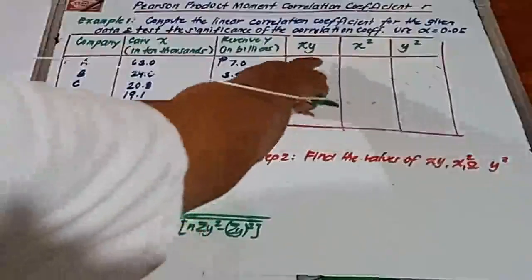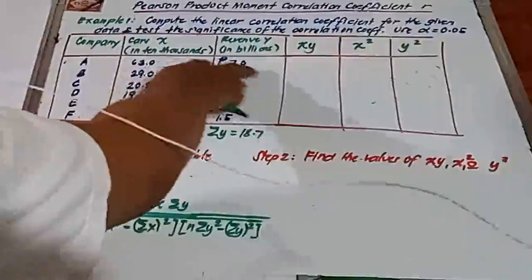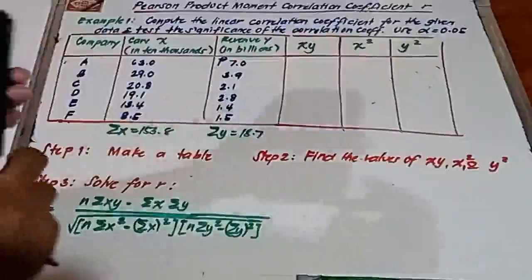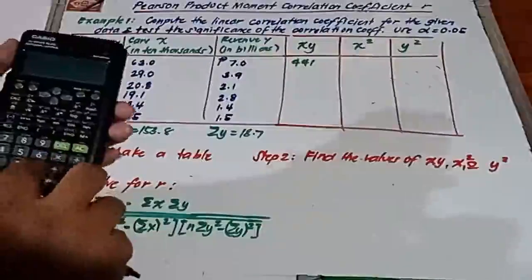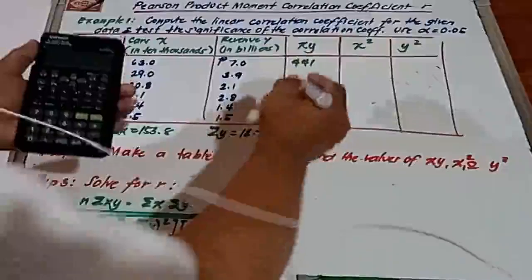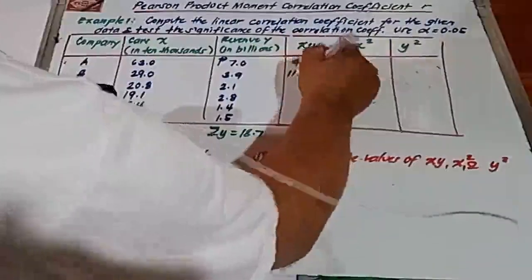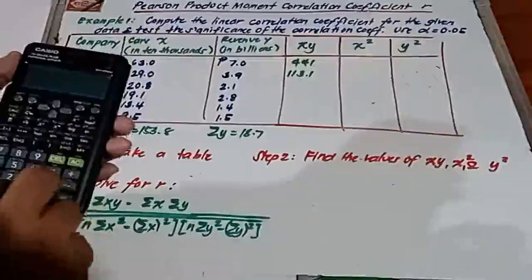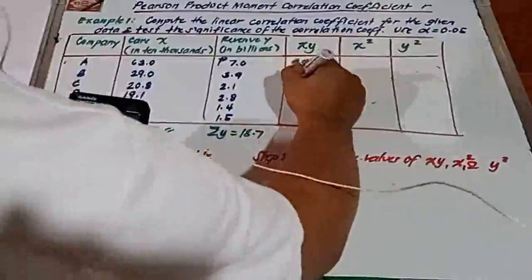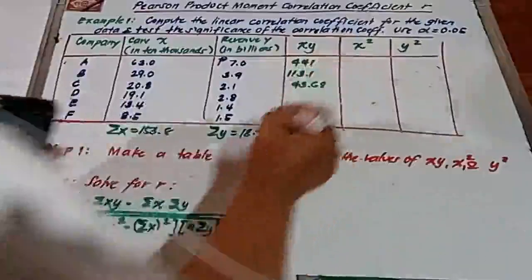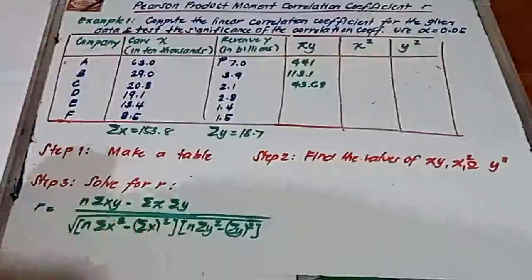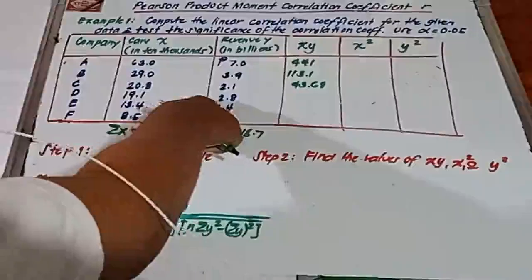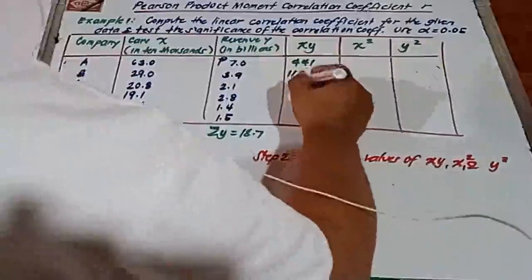And then, kunin natin yung product of x column and y column. Starting with company A, 63 times 7, we have 441. 29 times 3.9, we have 113.1. 20.8 times 2.1, we have 43.68. And then 19.1 times 2.8, that is 53.48.